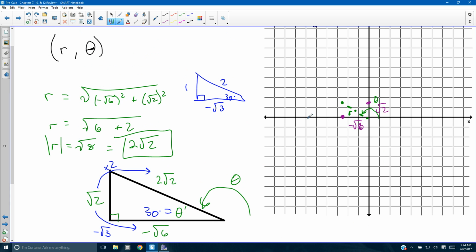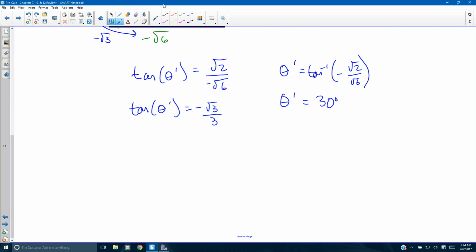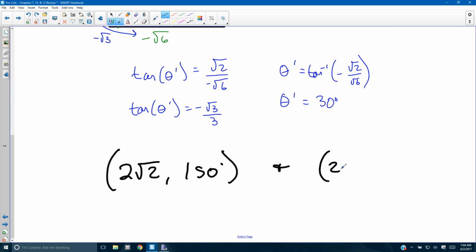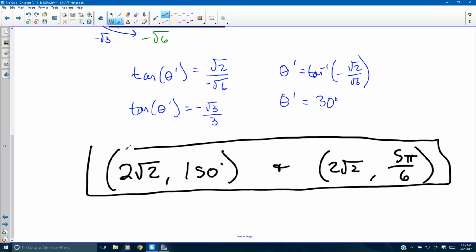Which means theta here is the supplement of 30, which is 150 degrees, or 5 pi over 6 radians. So there are two ways you can answer this question. Number one, 2 root 2 for r, and 150 degrees for theta. Or number two, 2 root 2 for r, and 5 pi over 6 radians for theta. One or the other. Magnitude, direction, polar coordinates.